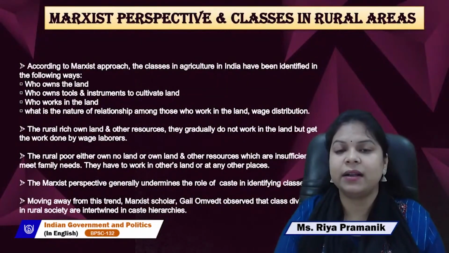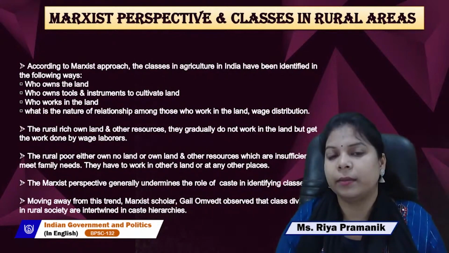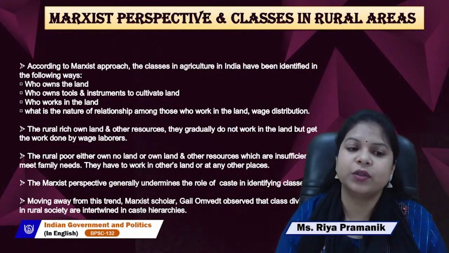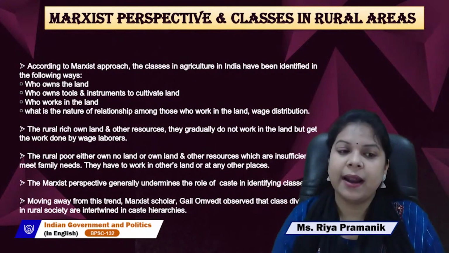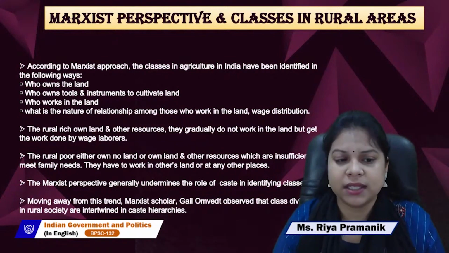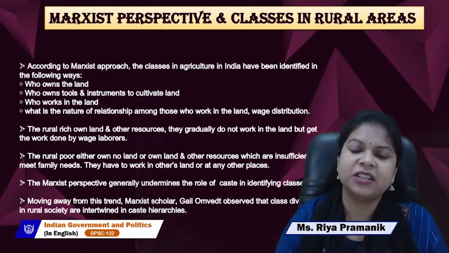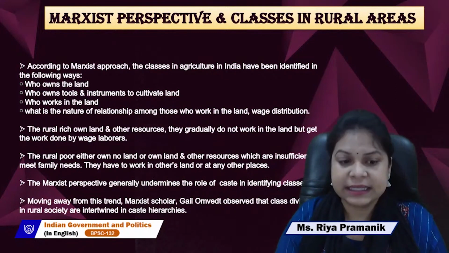Also it says how classes are identified. They say that the person who is owning the land, who is owning the resources, who has tools, and who is working on the land separates each class from the others. So they talk about rural areas, agriculture, the means of production, and all these things.